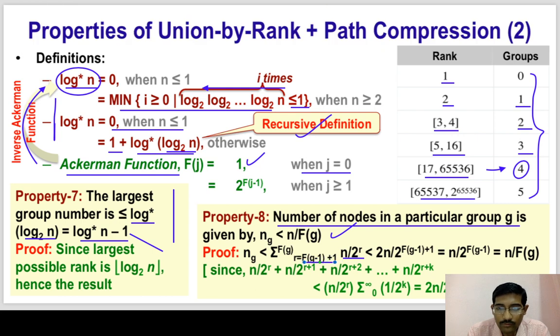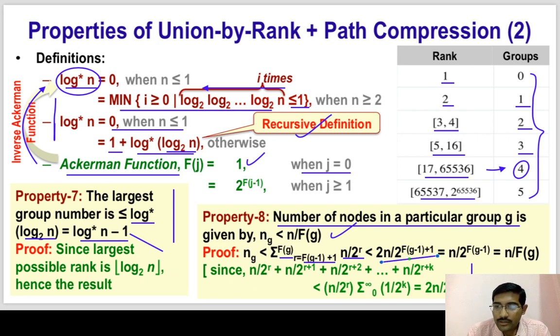Therefore, the number of nodes for a particular group G is the sum, over all possible ranks within that range, of the number of nodes each rank can hold. If we sum it up using the GP series formula and bound it to infinity, we get 2n by 2 to the power Fg minus 1 plus 1.